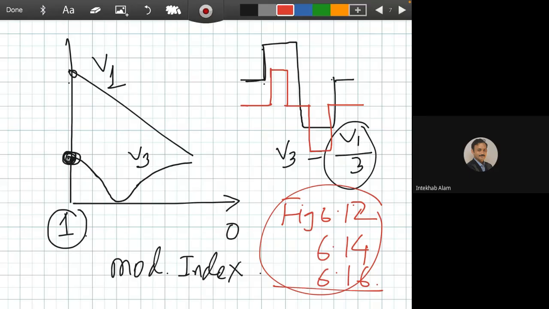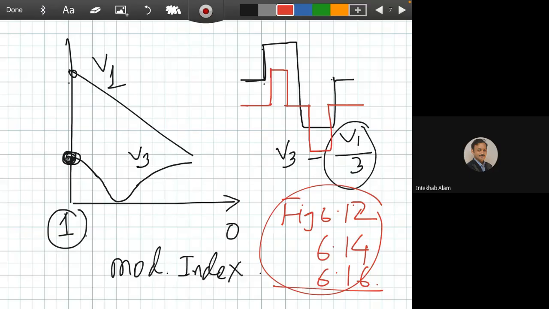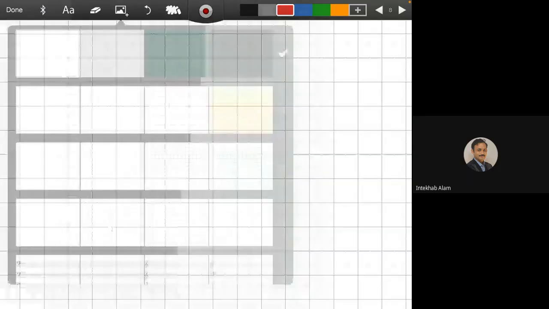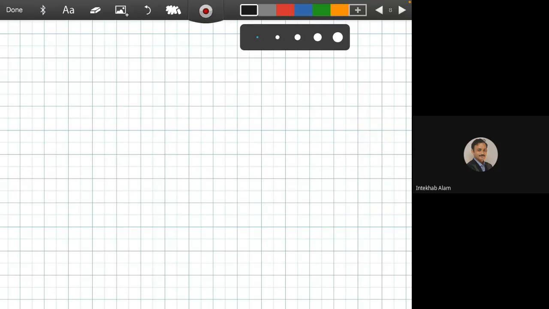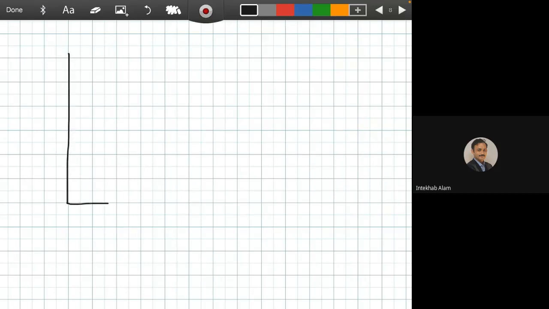So whenever we make it like single pulse width modulation, there is a modulation index in this form. But whenever we change to multiple pulse width modulation, then the output actually will be different. Here modulation index is 1, here modulation index is 0.